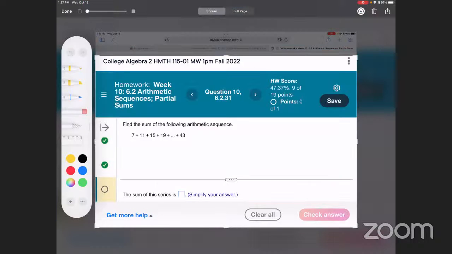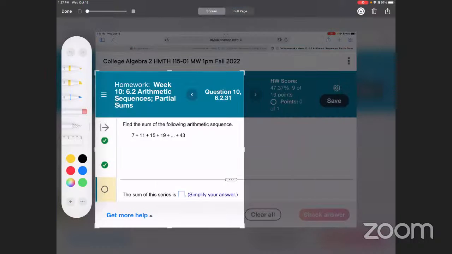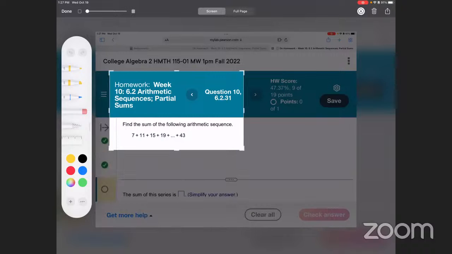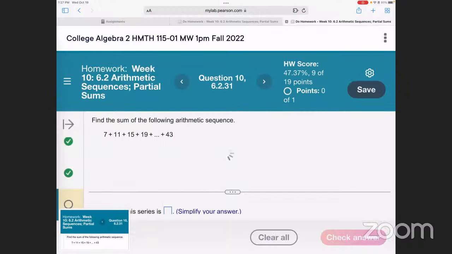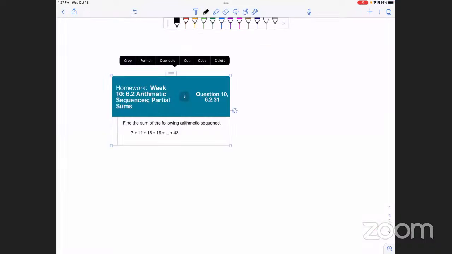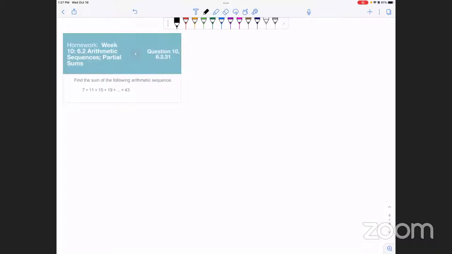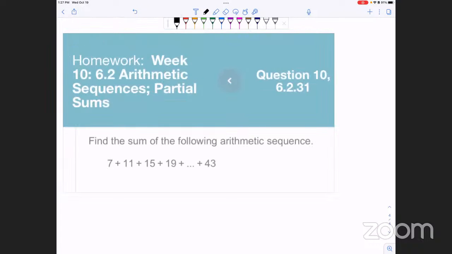Let's crop. Okay. And then we're just going to take that and drop it right here. Boom, just like that. All right. And let's just expand this so that we can see it. That's good enough.